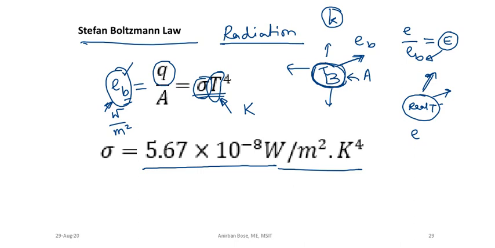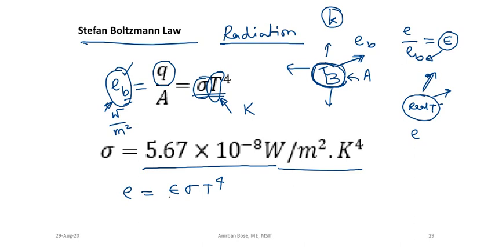You just have to convert it into Kelvin and do this calculation: sigma into T to the power 4. And for a real body, if you know the emissivity of that body, E will be simply epsilon into black body radiation. That means E equals epsilon into sigma into T to the power 4.